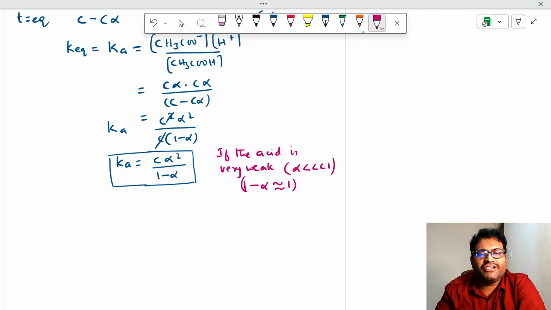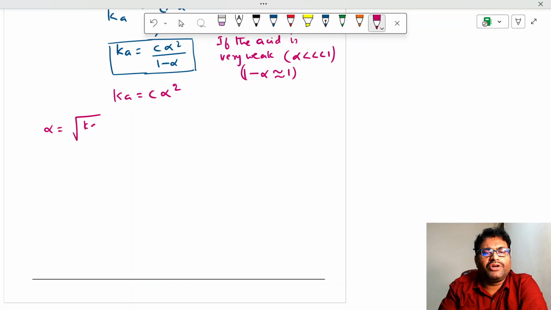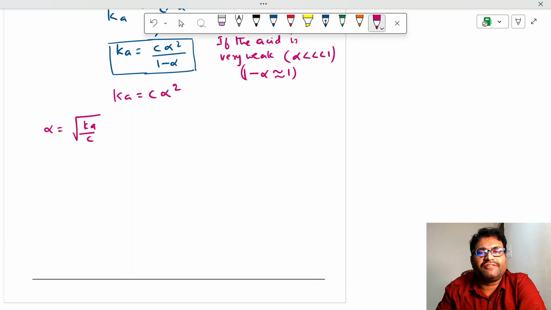For a very weak acid, Ka is equal to C alpha square, because C alpha square by 1 minus alpha gives C alpha square divided by 1. So Ka is equal to C alpha square, and alpha is equal to root Ka by C. This we have already seen.